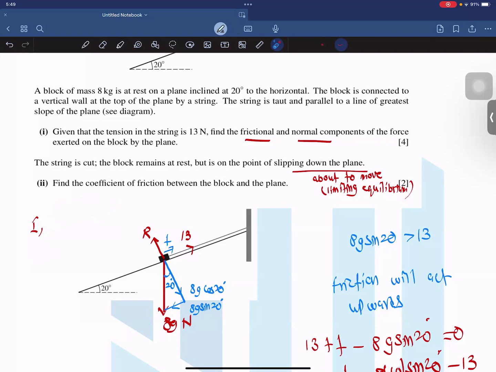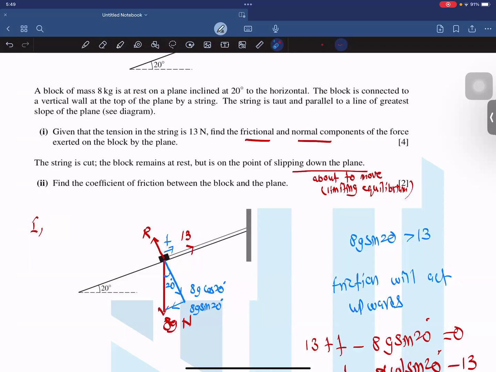You would see that the magnitude of 8g sin 20 is greater than 13. This means that the frictional force would act upwards in order to make the forces balanced, because the block is in the state of rest.